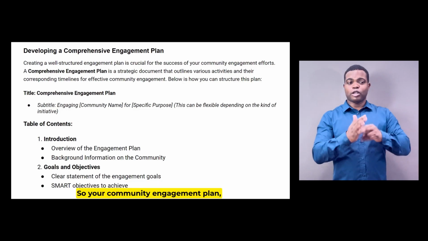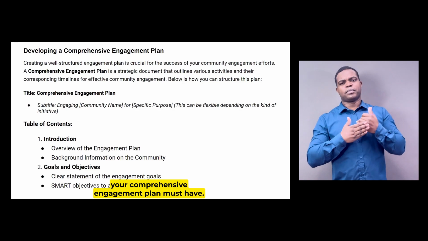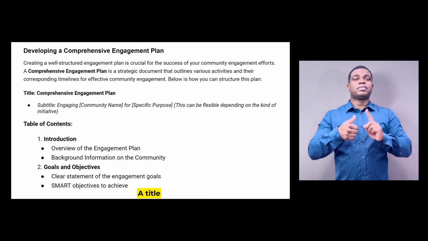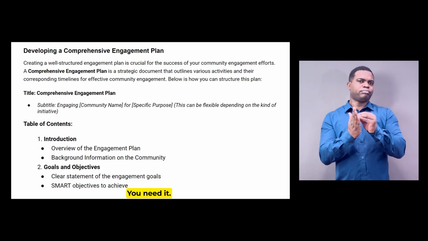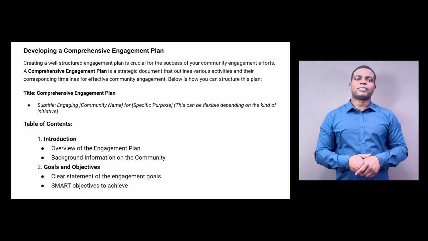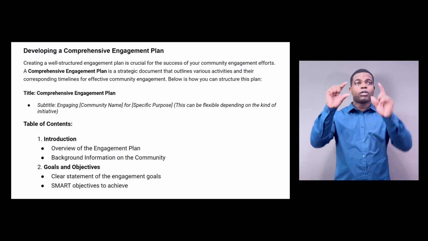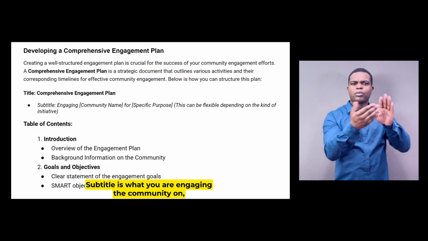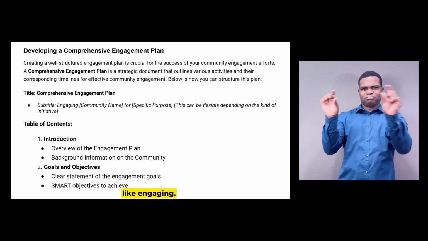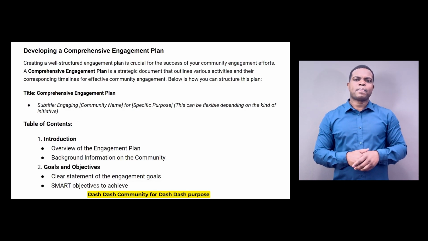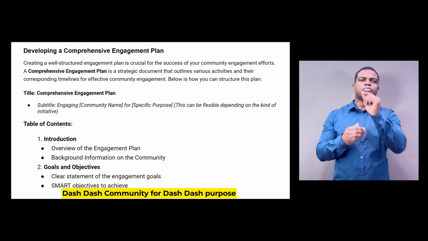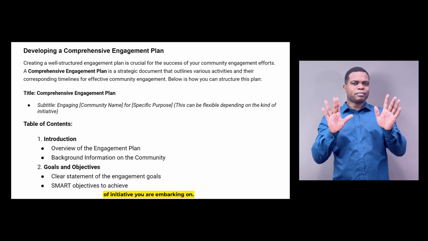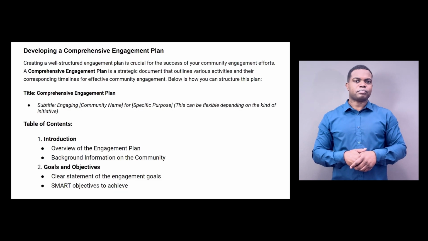Your community engagement plan, your comprehensive engagement plan, must have a title. It must also have a subtitle, which is what you are engaging the community on. So your subtitle can be something like engaging [community] for [purpose], which can be flexible depending on the kind of initiative you are embarking on.